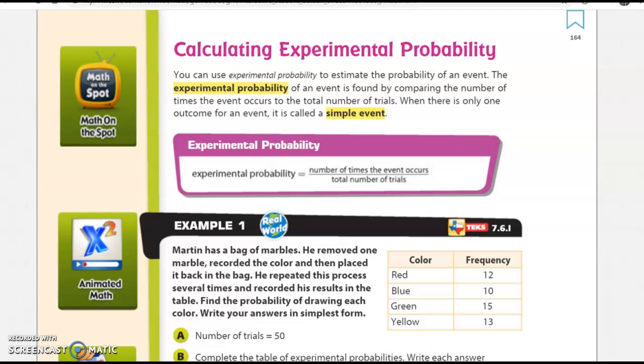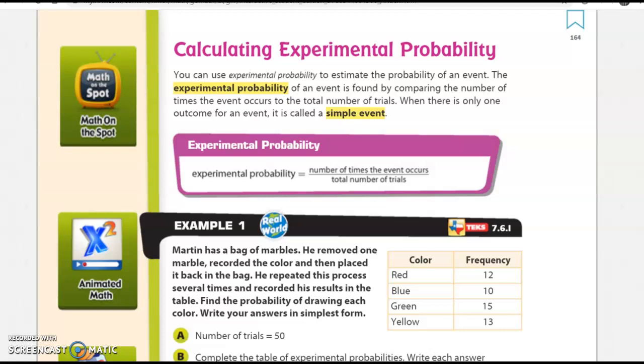Now, as the slide here says, you can use experimental probability to estimate the probability of an event. The experimental probability of an event is going to be found by comparing the number of times that the event occurs, also known as your favorable outcome, to the total number of trials, okay? So when there is only one outcome for an event, we call that a simple event.